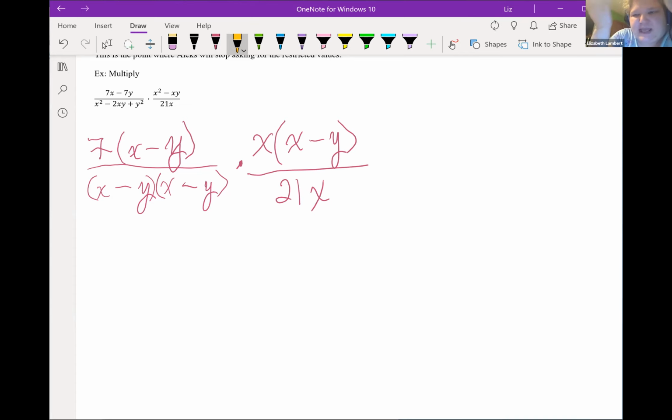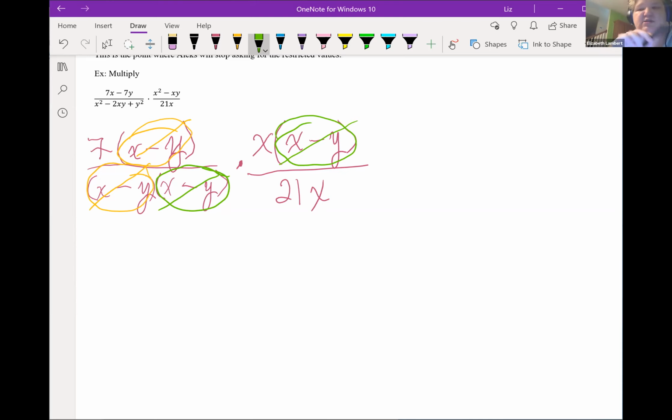I love this. It's like cleaning without having to get out of my chair. So I have an x minus y and x minus y. Those are gone. I'm going to use multiple colors. This x minus y with this x minus y. Gone. So it doesn't have to be in the same fraction as long as one's on top and one's on the bottom. We can cancel.